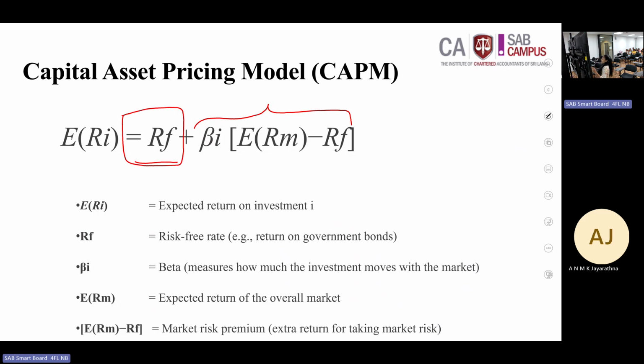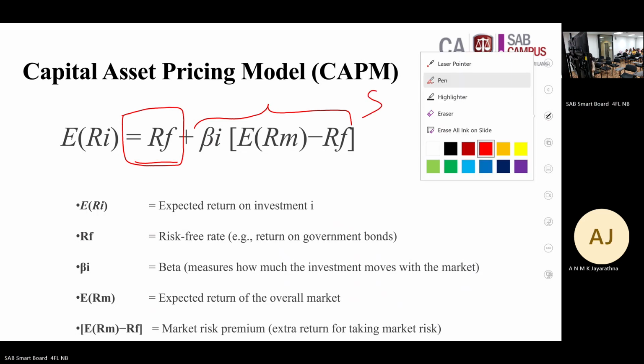Risk premium, right? This is the risk-free return plus, as a company, you have to give something extra, a premium for the investor. So therefore, we call this the risk premium.